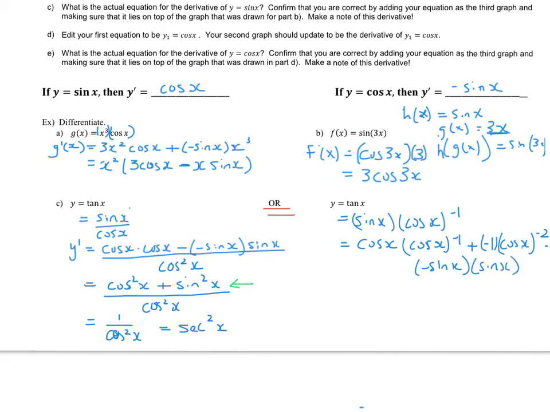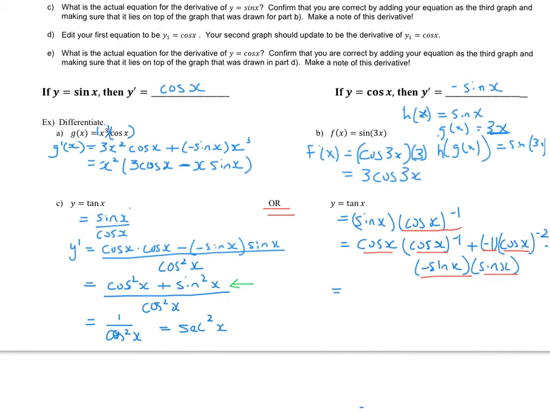The derivative of the first was cos x times the second is cos x to the negative 1. I'm just double checking my work out loud here, and then plus the derivative of the second. So if I'm looking at the second part here, the derivative of that is negative 1 times the cos of x to the negative 2 times the derivative of what's inside times the first. All right, so hopefully that works out and makes sense to you.